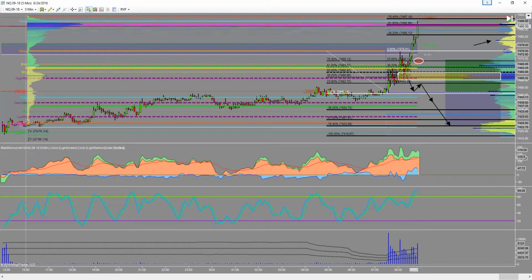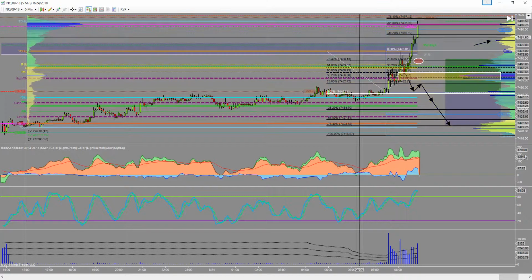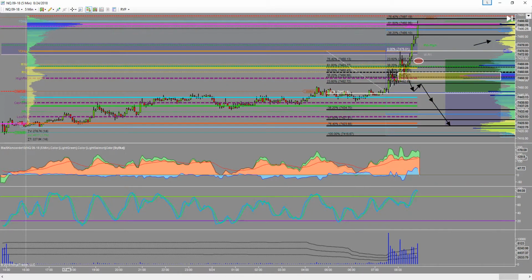It's a very interesting move, since we see here on our left, that's the daily volume at price profile. That's the daily, and this is the cumulative. Sorry, this is the cumulative, and this is the daily.